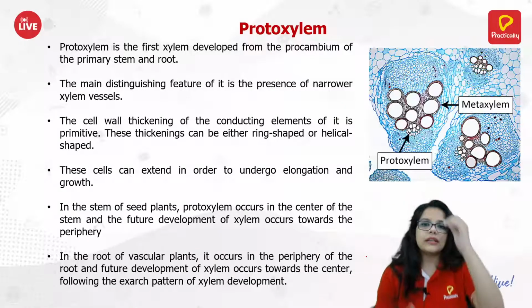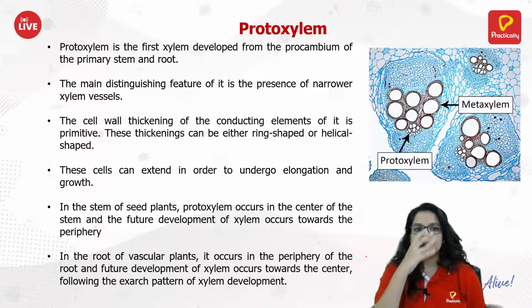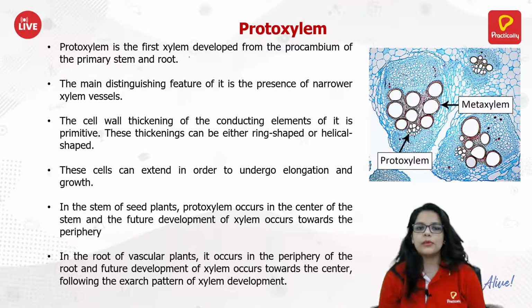Next is the protoxylem. Why are we discussing protoxylem? Because it is so important. Protoxylem is the first kind of xylem, developed from the procambium of the primary stem and root. The main distinguishing feature is the presence of narrower xylem vessels.